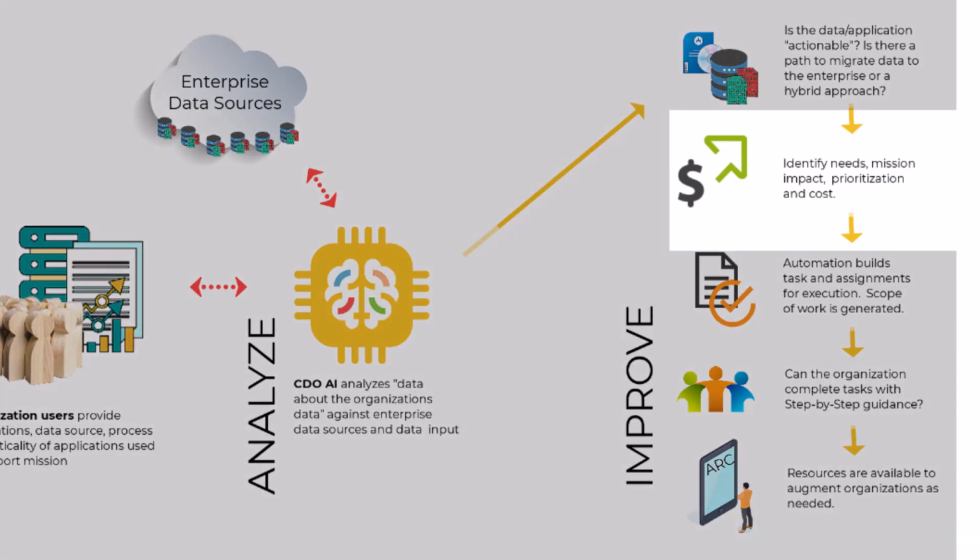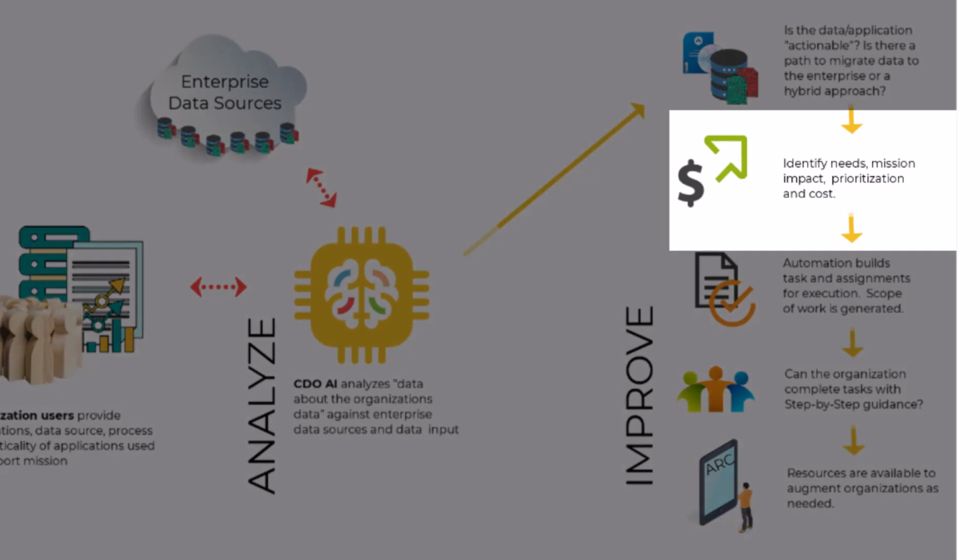The next thing is, once you've figured out the actionable applications and data that needs to be migrated or put into a hybrid model, now we need to identify the specific needs: what the mission impact is, the prioritization, and the cost.